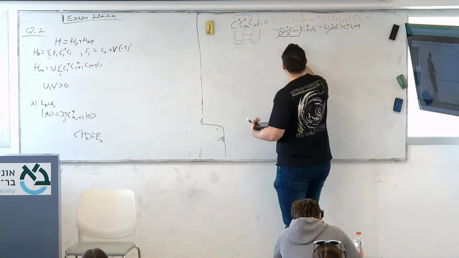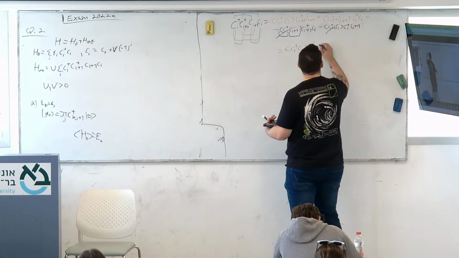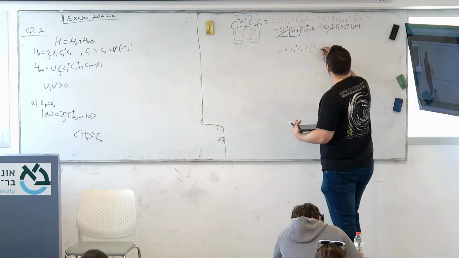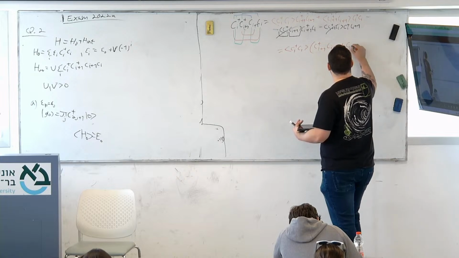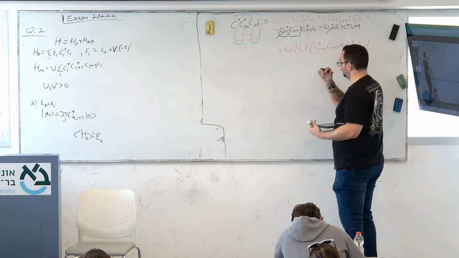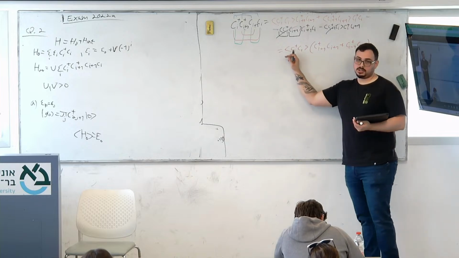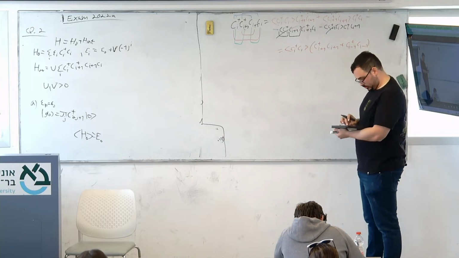So I'll get Ci dagger Ci plus Ci plus 1 dagger Ci plus 1 plus Ci minus 1 dagger Ci minus 1. Right? And then I'm going to put in Ci equals C2J.